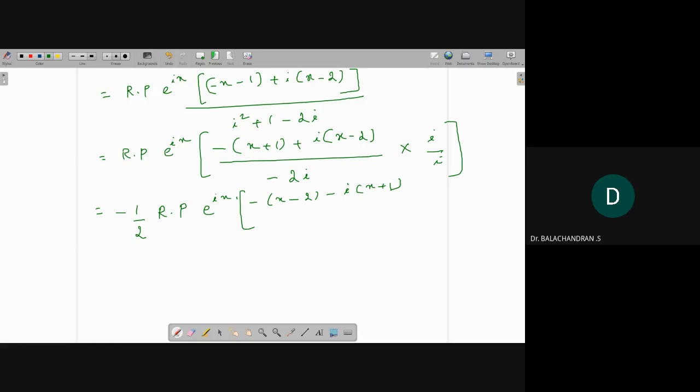The denominator you have I into I square minus, so minus into minus plus 2. I already took this 2 here, so there is no need of this 2 here. I square is minus 1, minus 1 plus 1, just 1.